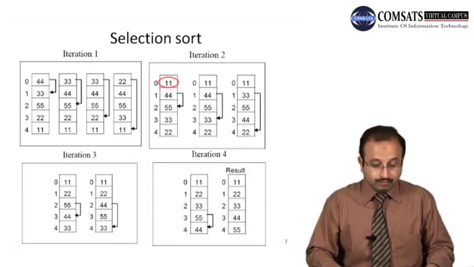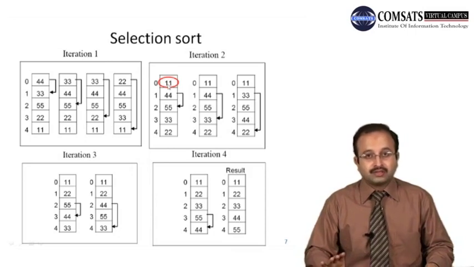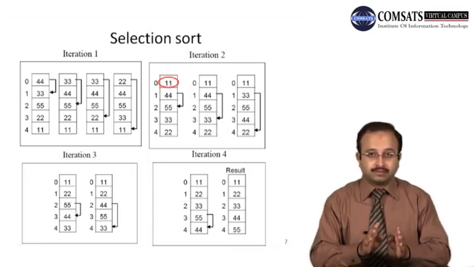Let's see one thing before going to the program: after execution of the first iteration, the element at the 0th index is sorted, that is, it comes at its position.